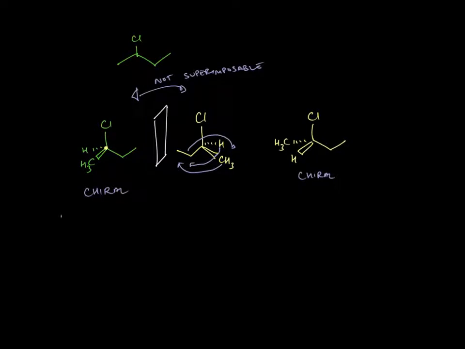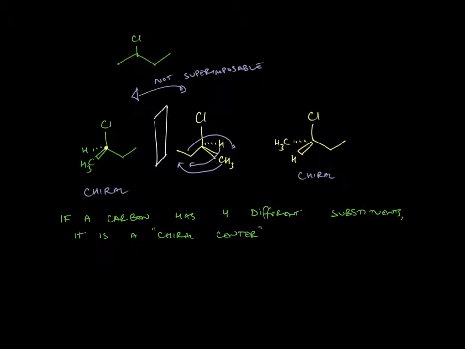If a carbon, or really any atom but usually carbon, has 4 different substituents, it is a chiral center. Oftentimes we call that a chiral carbon. And so those are the only carbons that can end up actually being chiral.